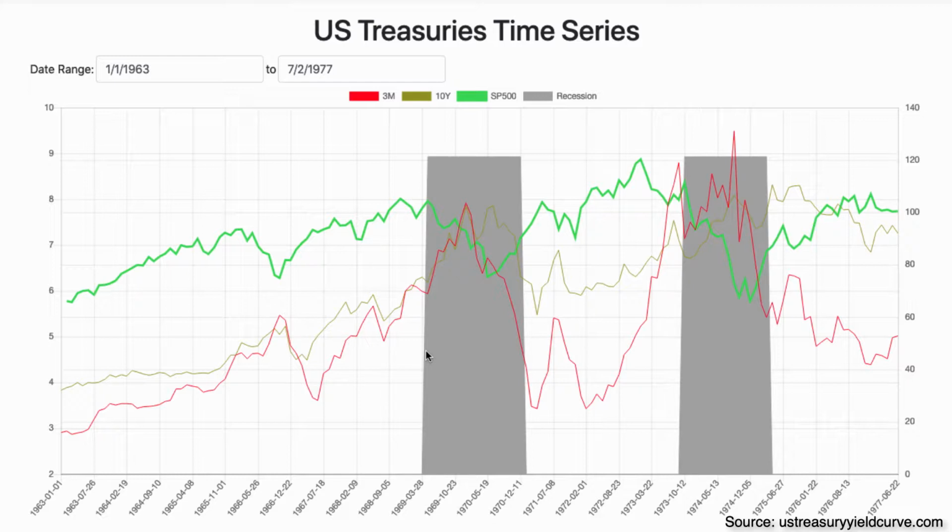One thing we could surmise from this is that maybe the recession was caused because the Federal Reserve kept raising interest rates.